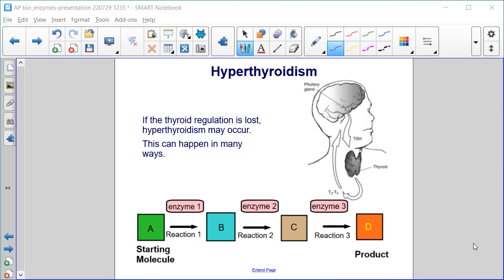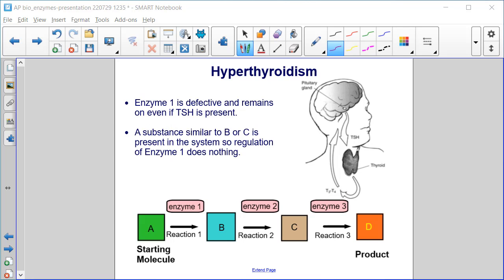If that's not working properly, we can get hyperthyroidism, and it can happen in many ways. One way is for enzyme 1 to be defective and remain on even if TSH is present. A substance similar to B or C might be present in the system, so the regulation of enzyme 1 does nothing.